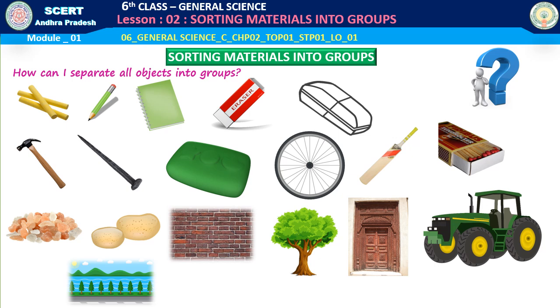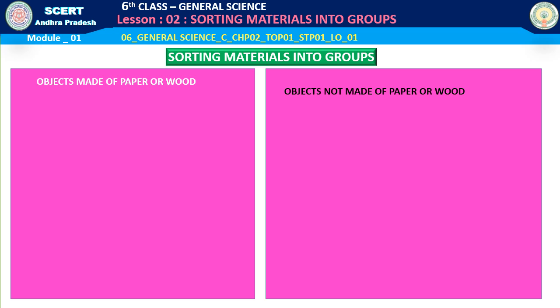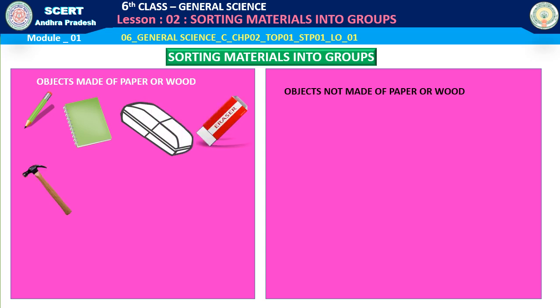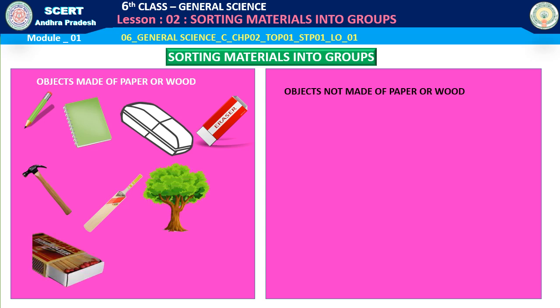How can I separate all these objects into groups? First, I separate these objects as objects made of paper or wood and objects not made of paper or wood. Objects made of paper or wood include pencil, notebook, duster, eraser, hammer, bat, tree, matchbox and doors.